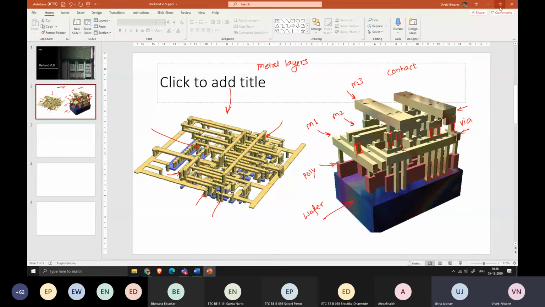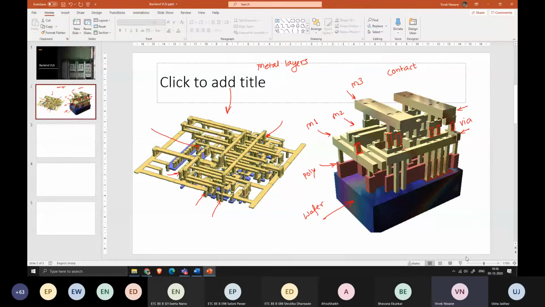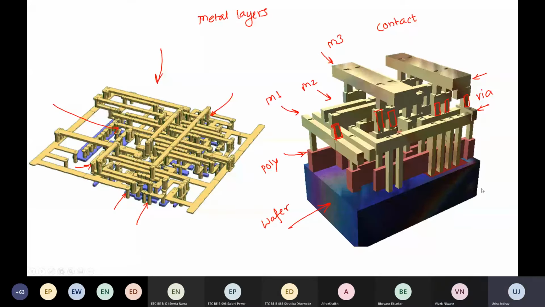Okay, I will stop sharing and once again share my screen. Now, can you see the PPT? The students with the mobile. Yes, ma'am, now we can see. Okay, so I was scratching on the PPT.